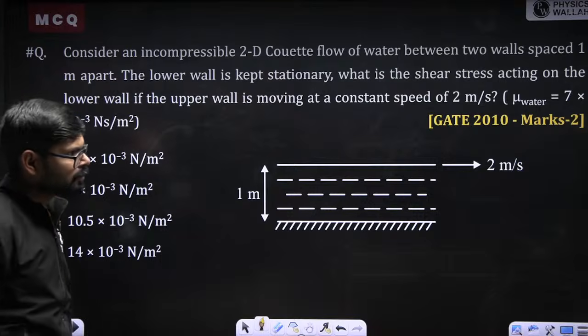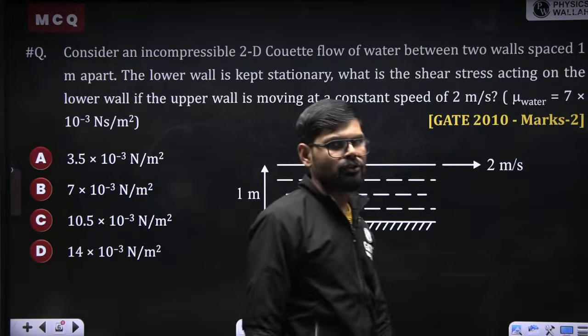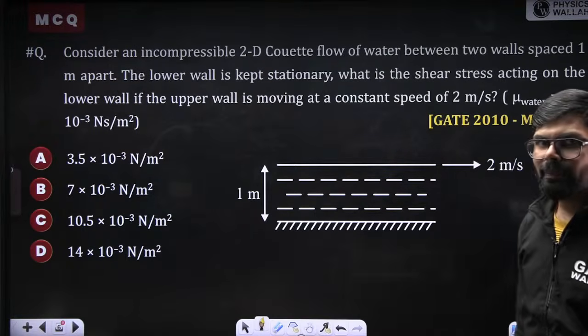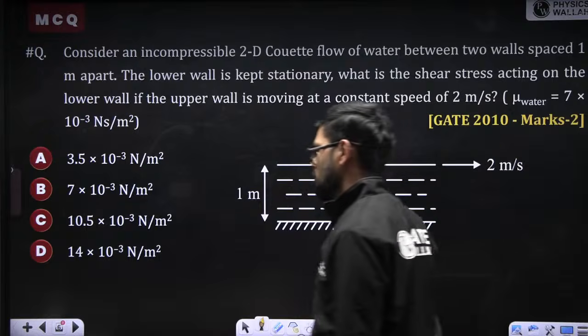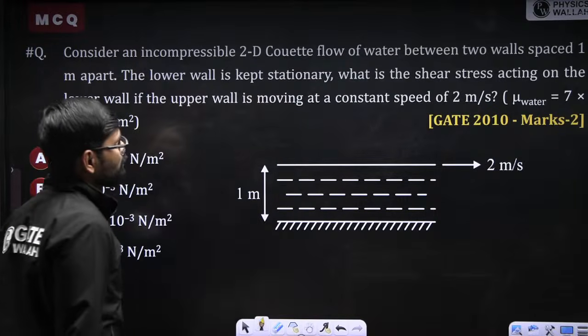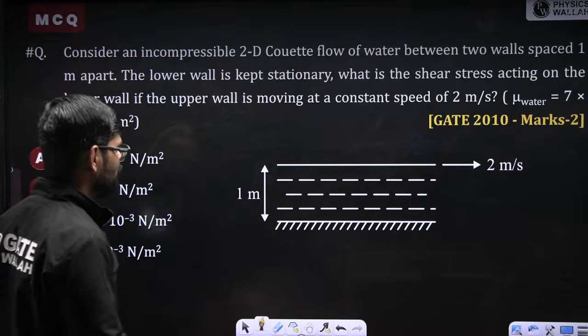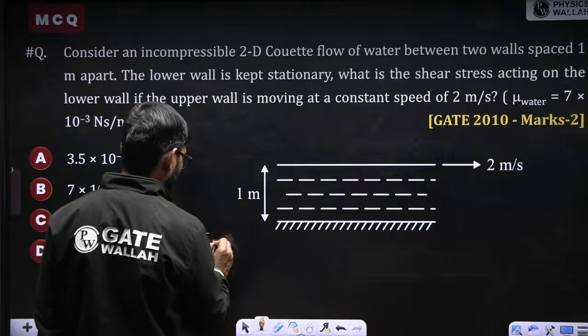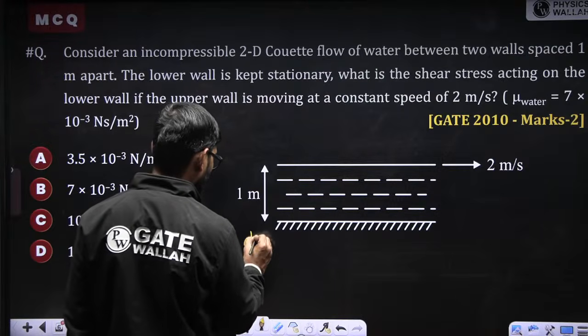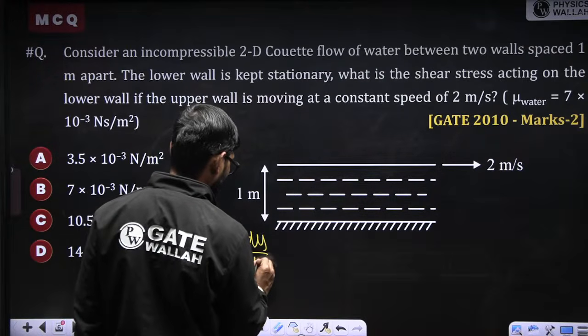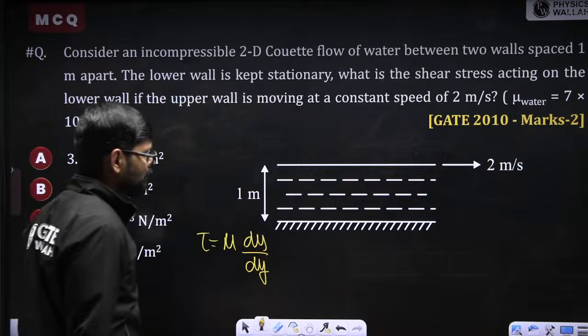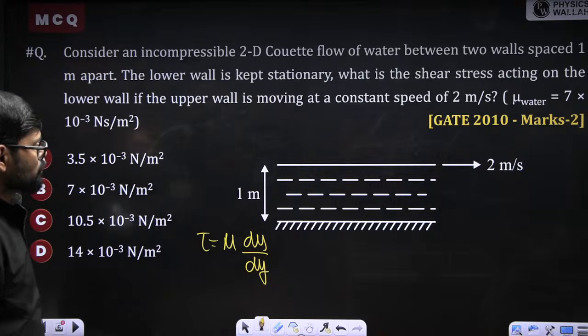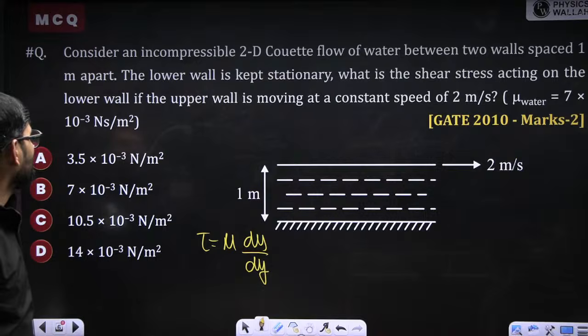So tau basically we need to find out, right? So here we'll apply Newton's law of viscosity. So tau is equal to mu du by dy. So what is the mu value given?